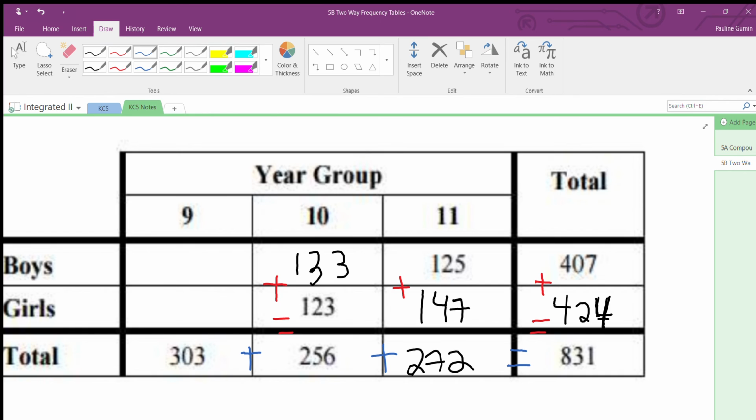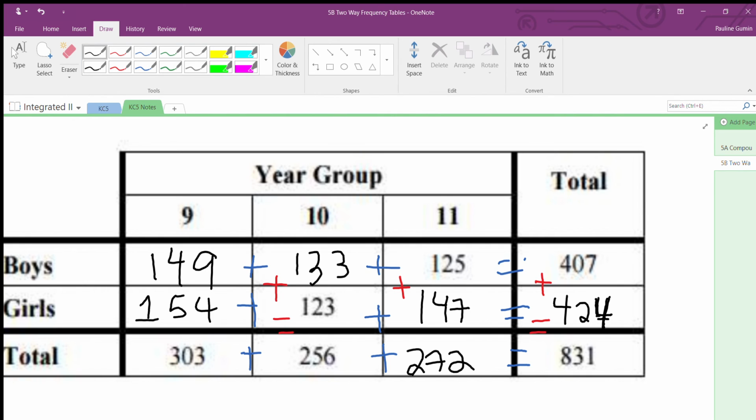I can find the 9th grade boys by doing 407 minus 125 minus 133, which gives me 149. And I can do the same thing over here. Something plus 123 plus 147 gives us 424. So 424 minus 147 minus 123 gives us 154.